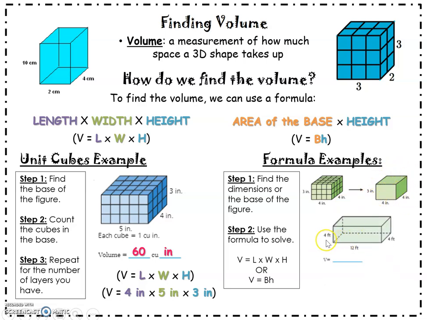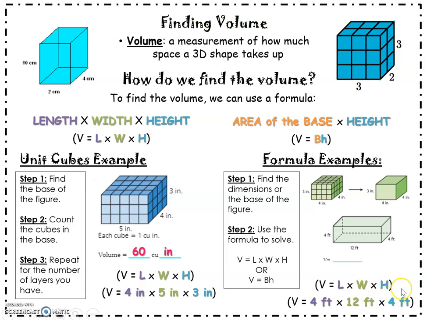I have dimensions of 4 feet, 12 feet, and 4 feet. So if I remember that formula, volume equals length times width times height, I can put those dimensions in. So I have 4 feet in length, I have 12 feet in width, and I have 4 feet again in height. If I multiply, 4 feet times 12 feet is going to give me 48 feet squared.